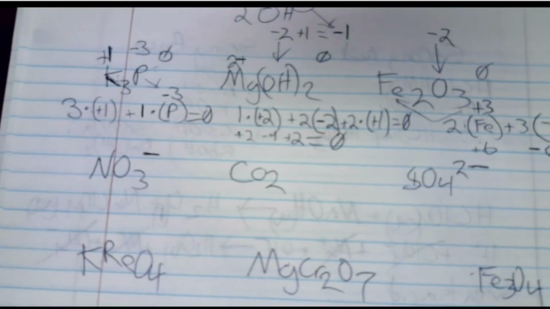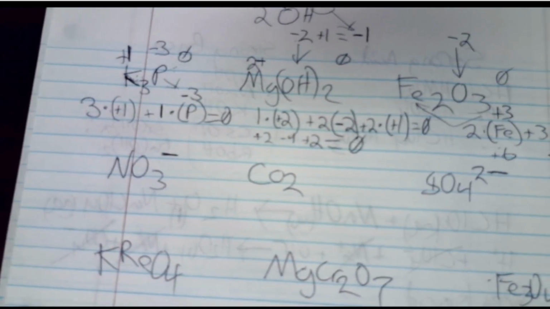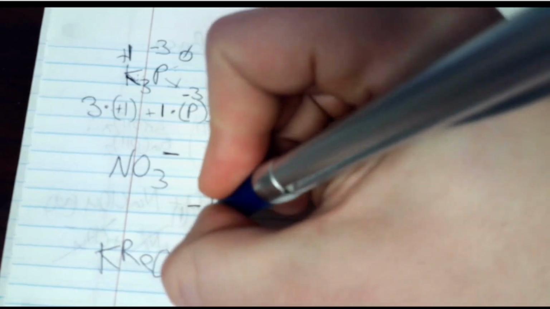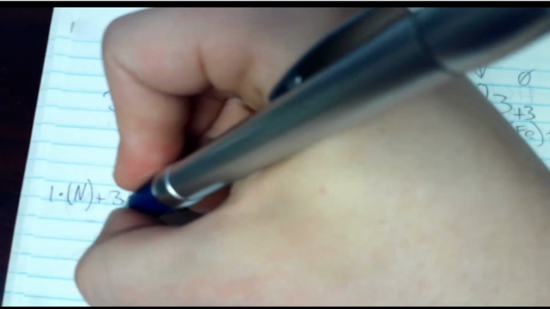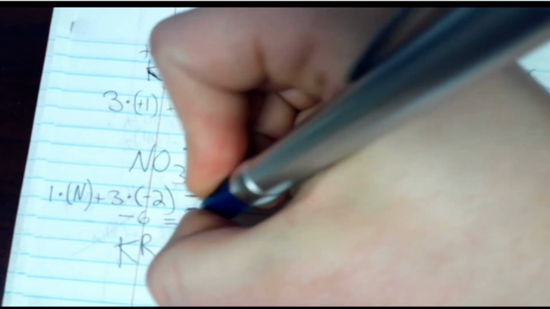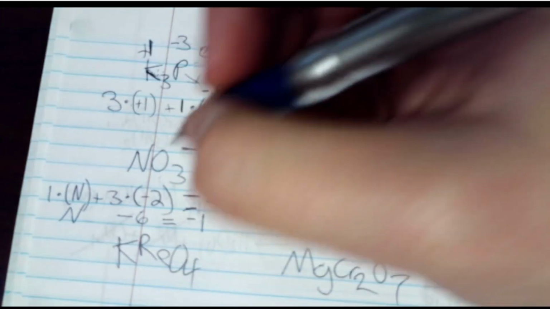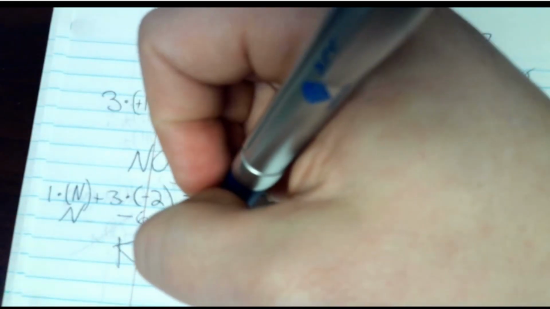Now this one, the total charge must be 1-. So now we no longer cancel out. Oxygen is almost always 2-. There are 3 oxygens, and there is 1 nitrogen. So if I multiply that together, we have -6 plus whatever nitrogen is must equal -1.